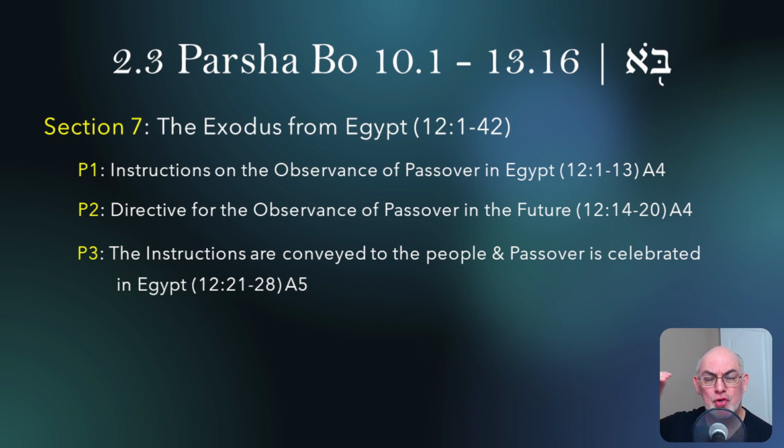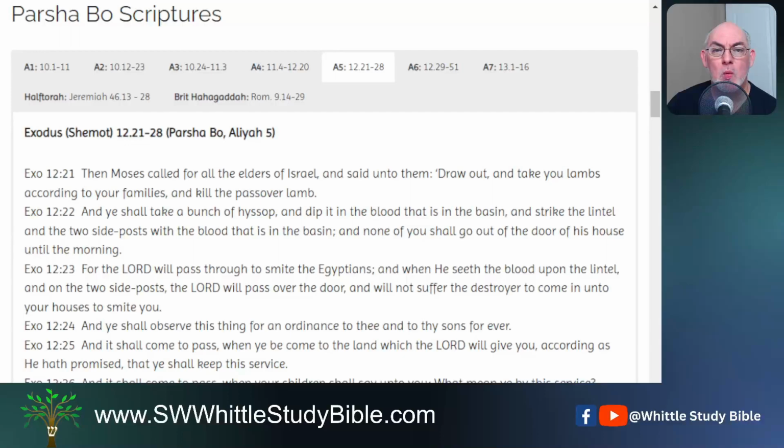Now that we've had some instructions and information about the Passover, how to keep it, how to memorialize it in the future, we actually have the children of Israel beginning to keep it in Egypt. And we will see this here. Let's look at the verses. That's chapter 12, verse 21.